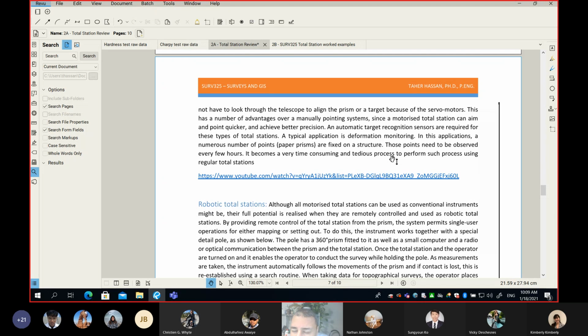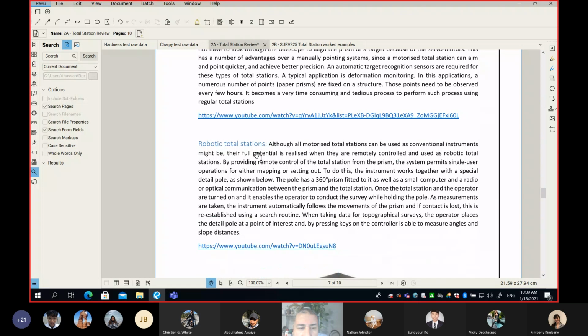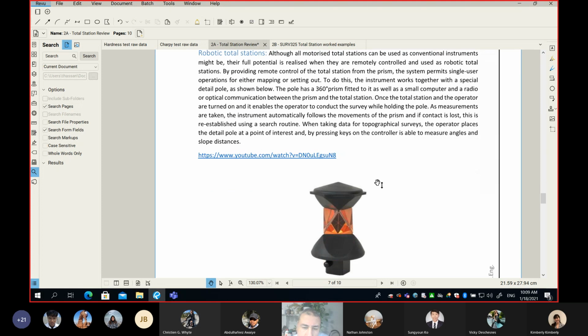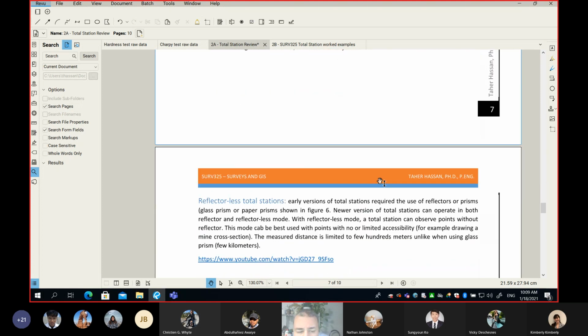For example, it needs leveling, it needs centering, you need to measure the instrument height, you need to measure the reflector height, you need to do a backside. Once you've done those, then you can use, for example, a robotic total station with one individual operator to finish the process. Okay, now you can see what I have done so far in a matter of 10 minutes.